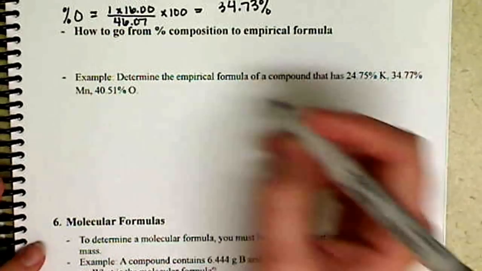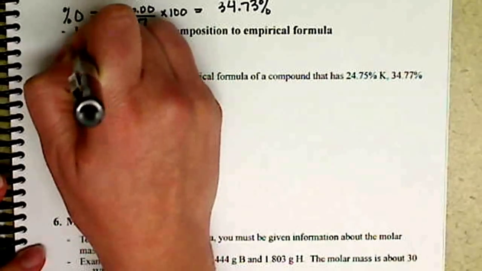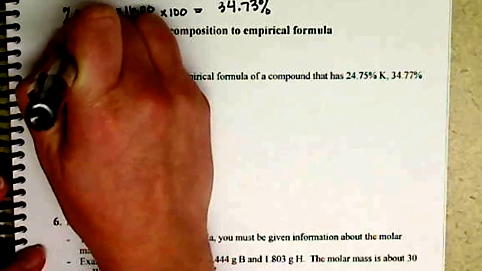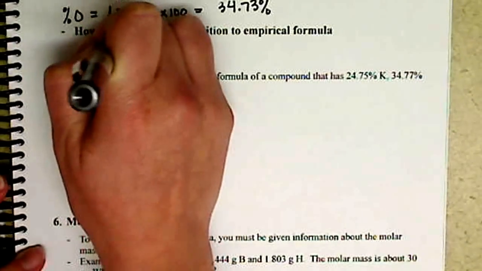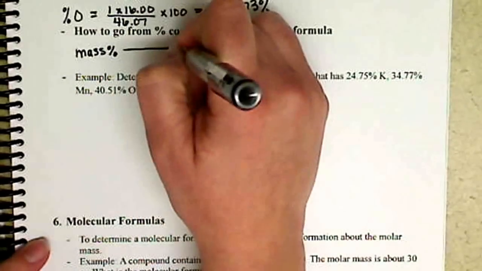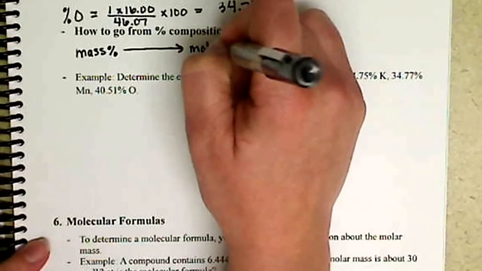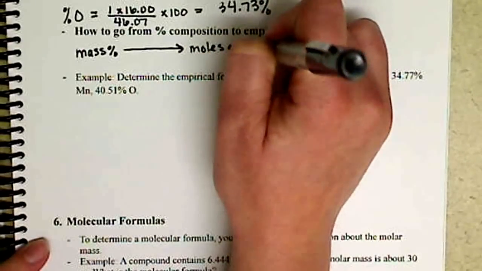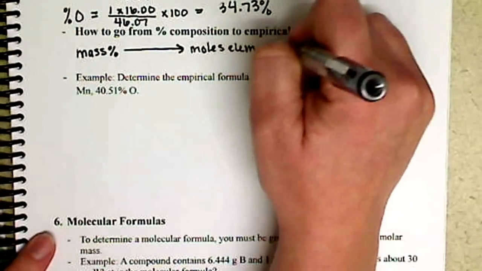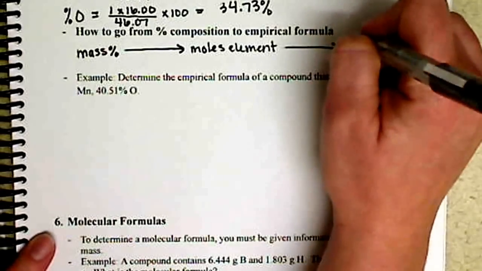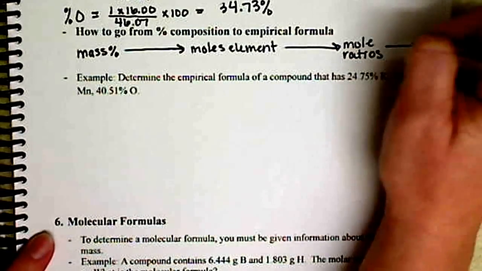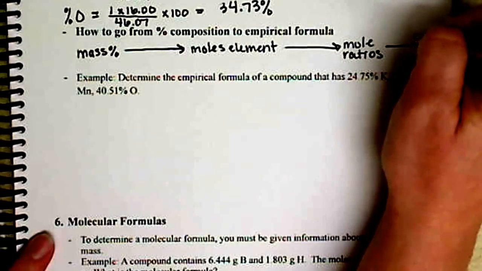Okay. Starts out with your mass percent, which you then calculate your moles of your element. Then to your mole ratios, to the empirical formula.